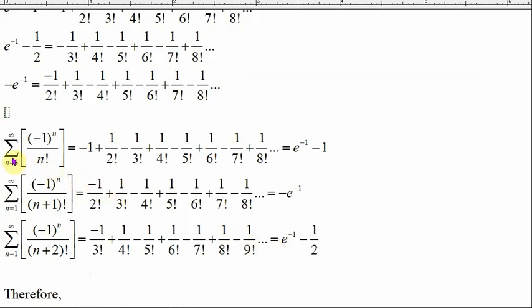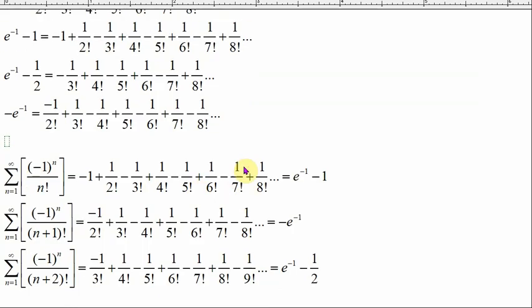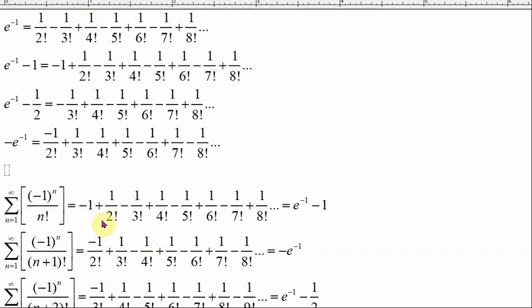And so the sum with the expression (negative 1) to the n over n factorial, if we write out the terms, then it will be the infinite sum that starts with the negative 1, which is this right here. And so it is equal to e to the negative 1 minus 1.